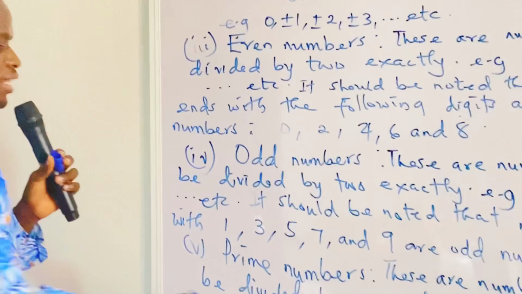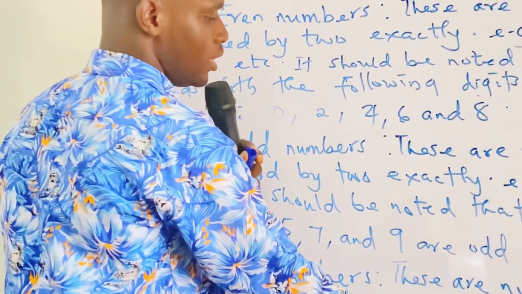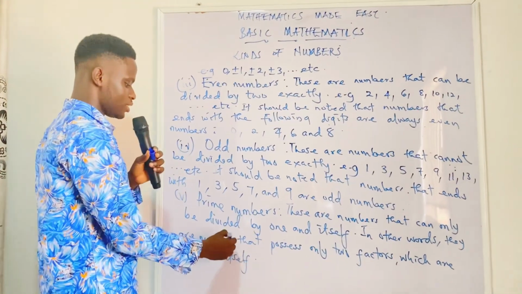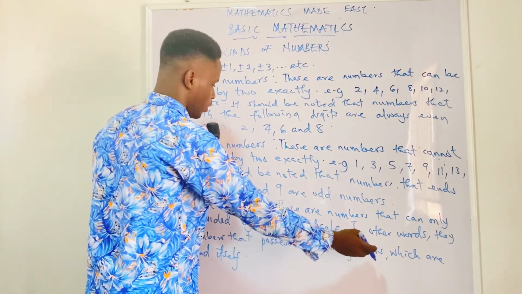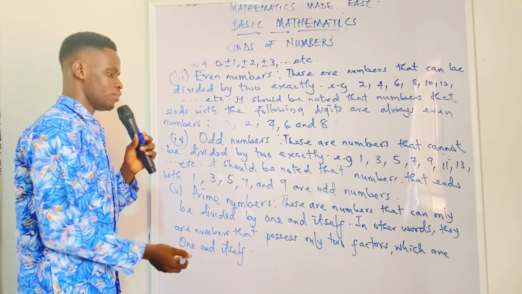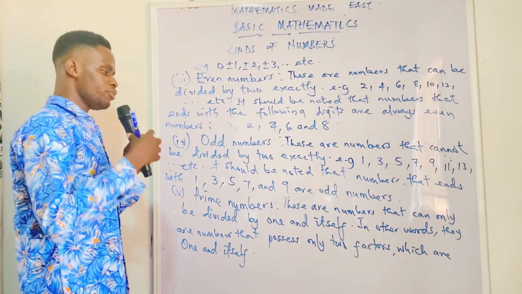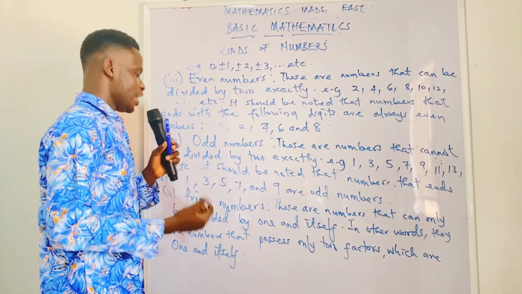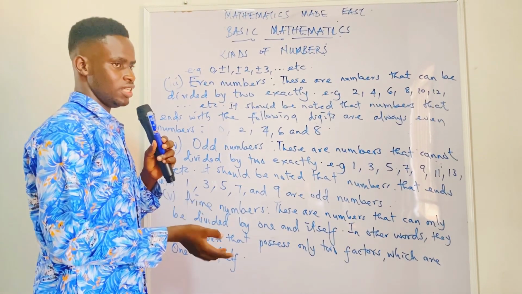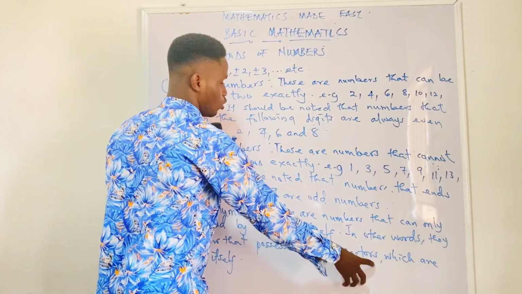So if they want to go by this definition, you can say they are numbers that possess only two factors. And what are the two factors? 1 and itself. But the reason I'm giving you this definition is for you to be able to get what prime numbers are easily using the factor method.